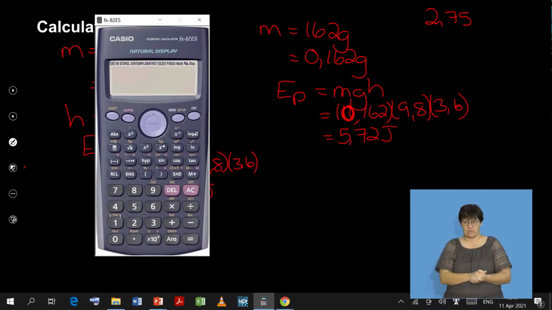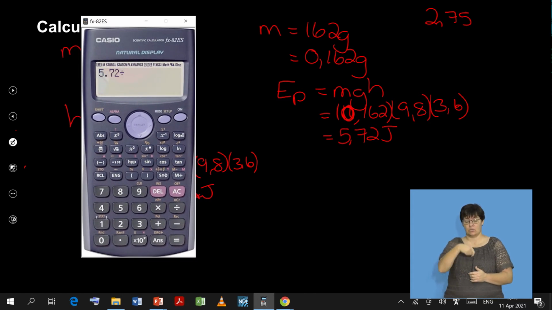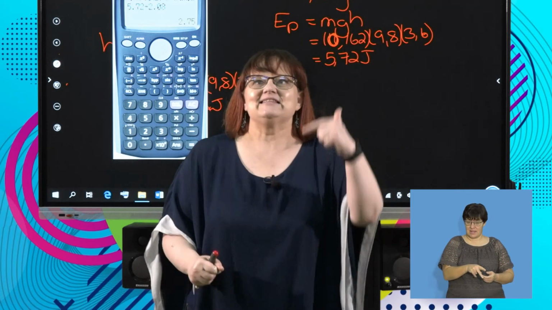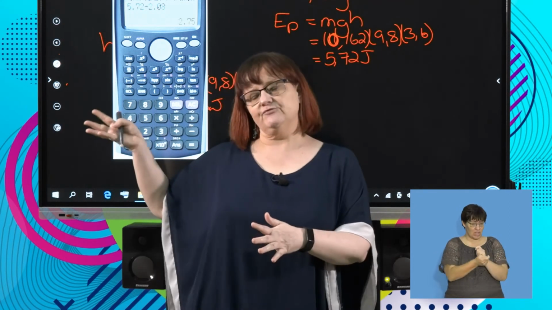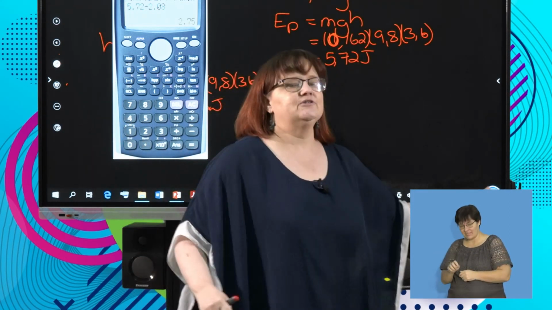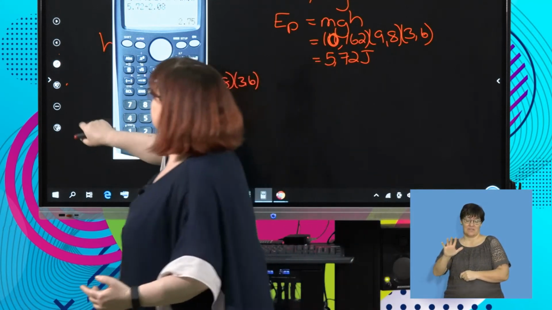So 5.72 divided by 2.08, 2.75. What that means for me is that potential energy is directly proportional to the mass. The mass changed by a factor of 2.75, energy changed by a factor of 2.75.